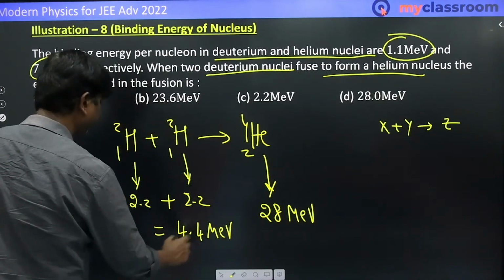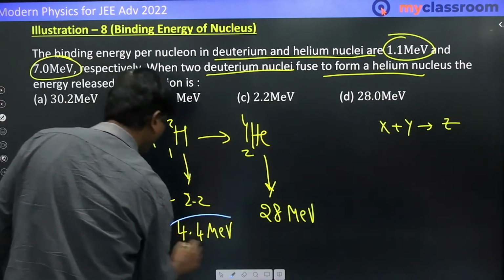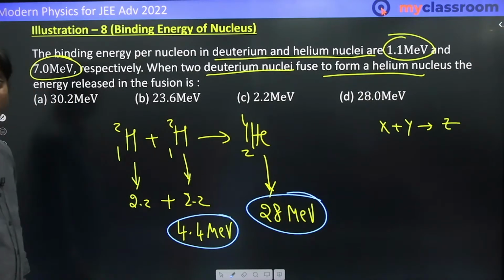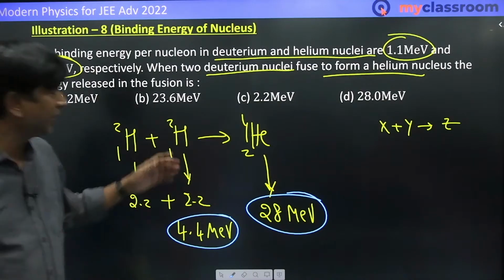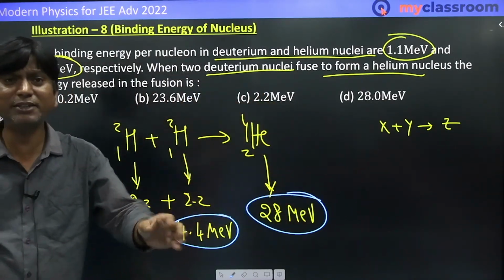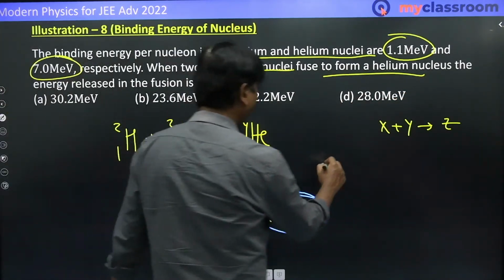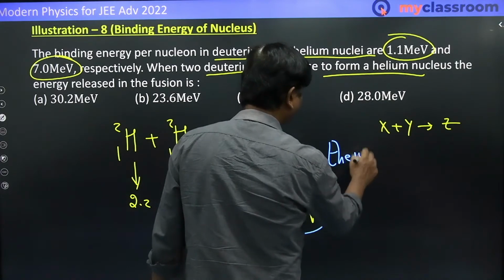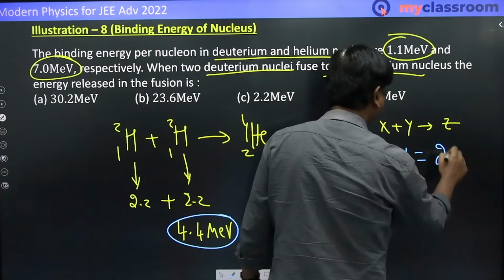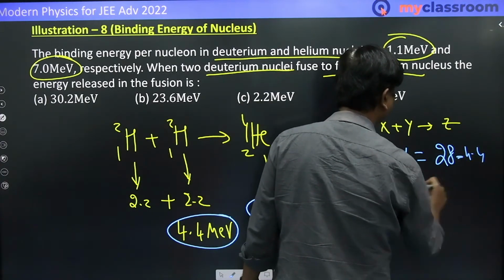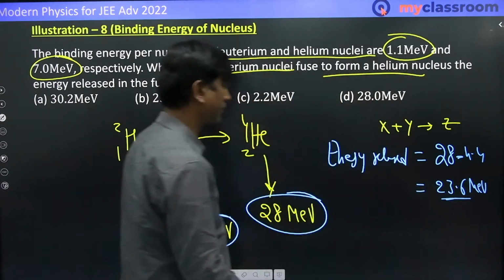Correct or not? So the total binding energy of the LHS is 4.4 and of the RHS is 28 million electron volts. Definitely the RHS binding energy is greater than the LHS binding energy, so energy will be released, and only the difference is released. So the energy released is 28 minus 4.4, which is 23.6 million electron volts.